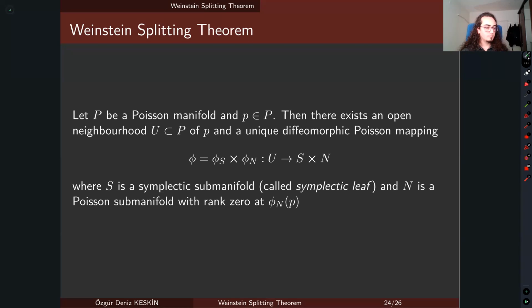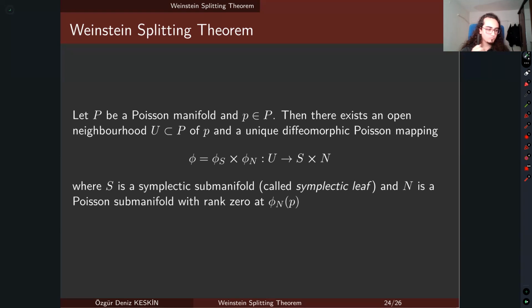And for the application side of this theorem, Poisson and symplectic manifolds are actually a natural setting for dynamical systems, because the Hamiltonian vector fields are already there.